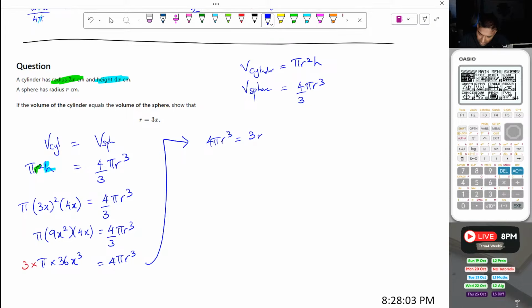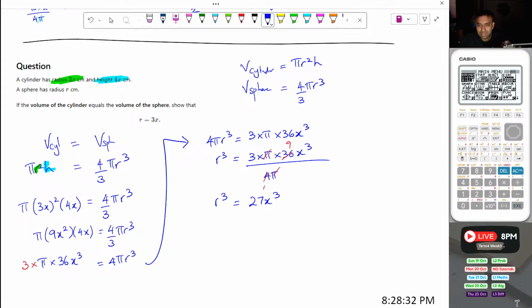So r cubed is equal to 3 times pi times 36x cubed divided by 4 pi. Now the pi's cancel out, 4 and 36 simplify to give you 9 there. So r cubed is equal to 27x cubed.